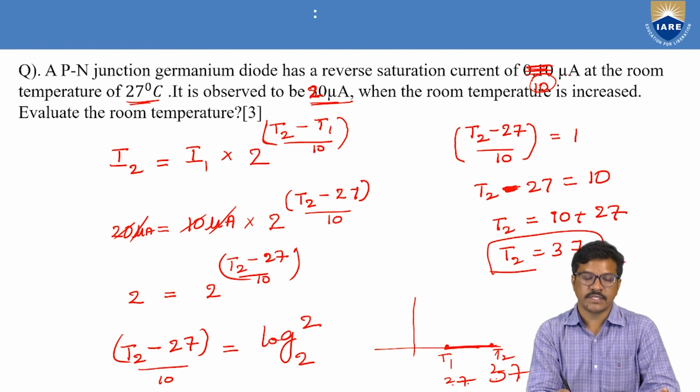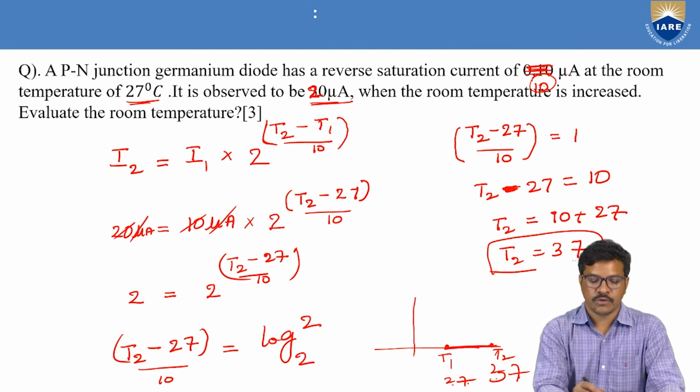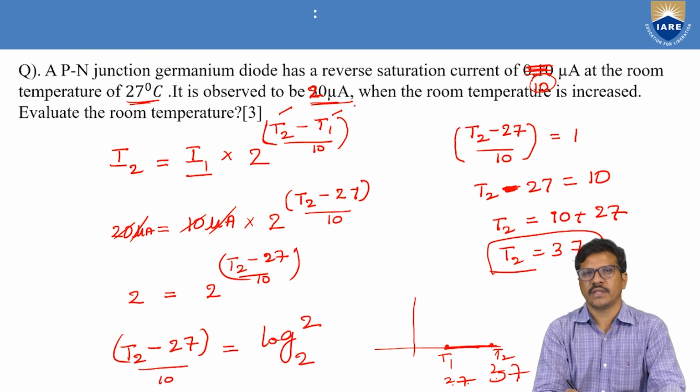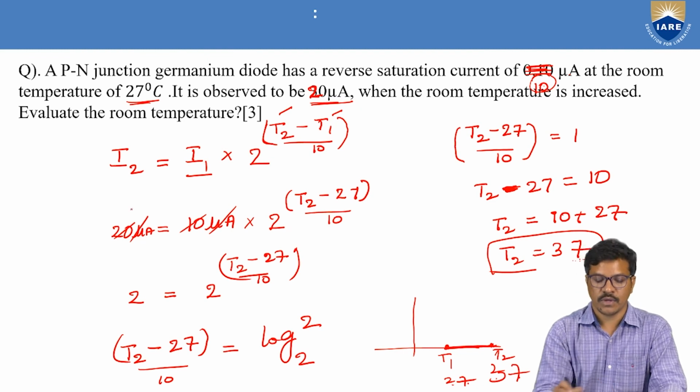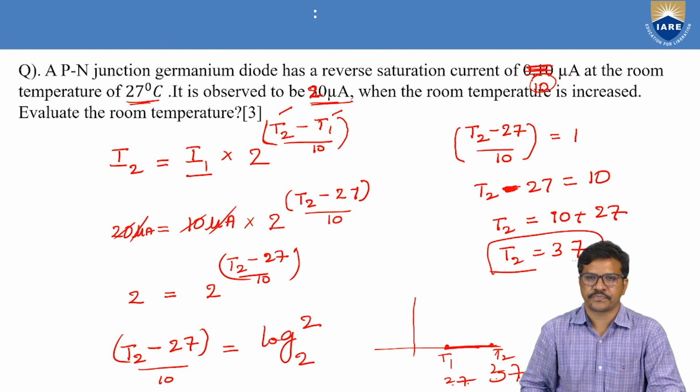Sometimes they have given T1, T2 and I1, and we need to find out what will be the current flow. So I1 is given, T1 is given, T2 is given, then we need to find out I2. In this way we will find the PN junction diode reverse saturation current at two different temperatures.